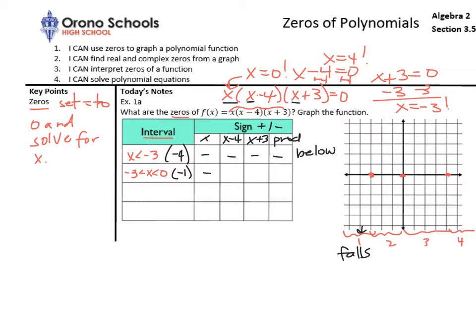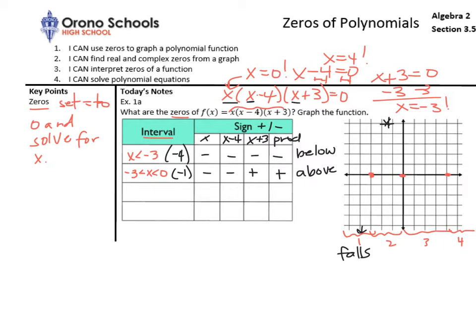Negative 1 minus 4, my second x would also stay negative. But then if I plug in negative 1 plus 3, I get positive 2. And now I have 2 negatives times a positive, which means my graph would be positive in that direction. That means it's above the x-axis, which means it's going to be somewhere up here between those two zeros.